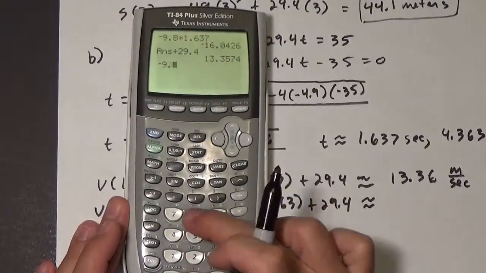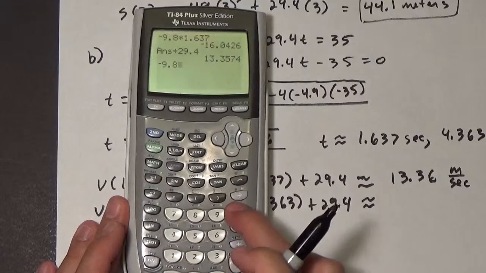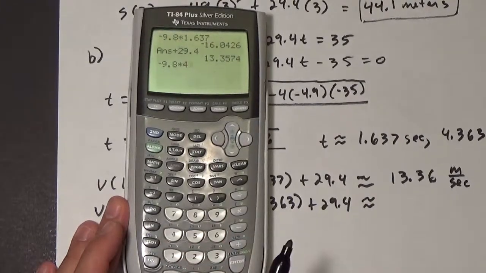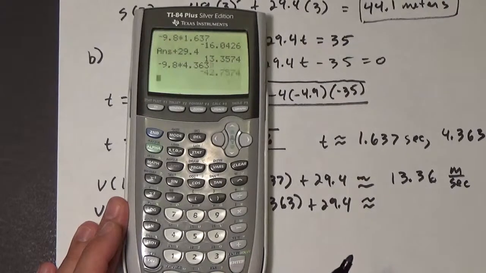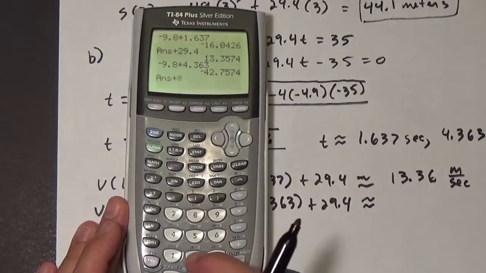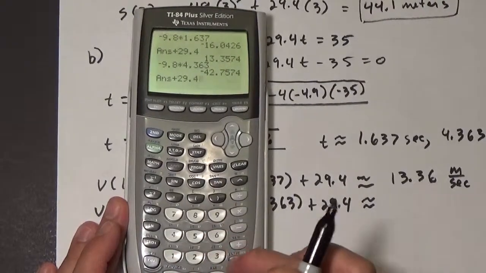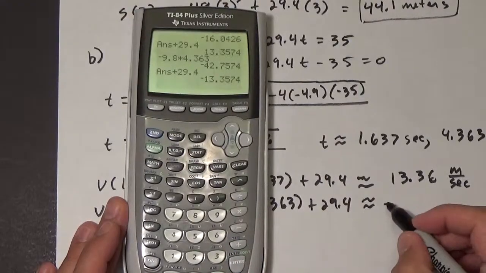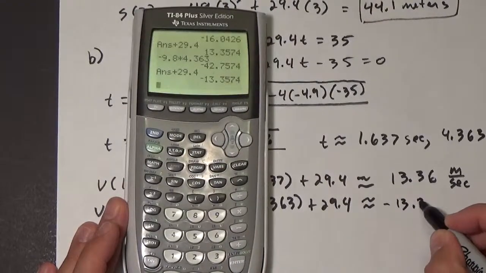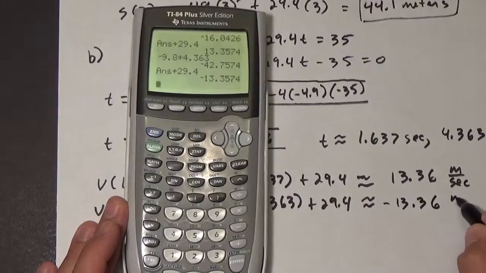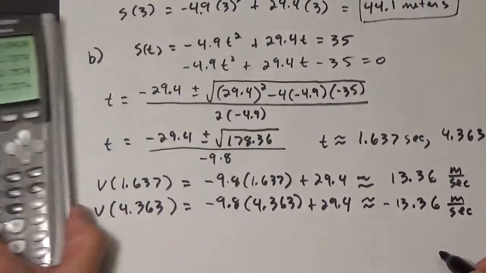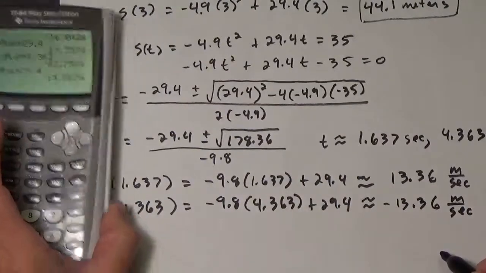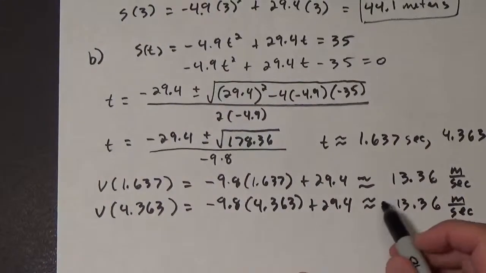Negative 9.8 times 4.363 plus 29.4. That's negative 13.36 meters per second. Okay, so here are the 2 answers.